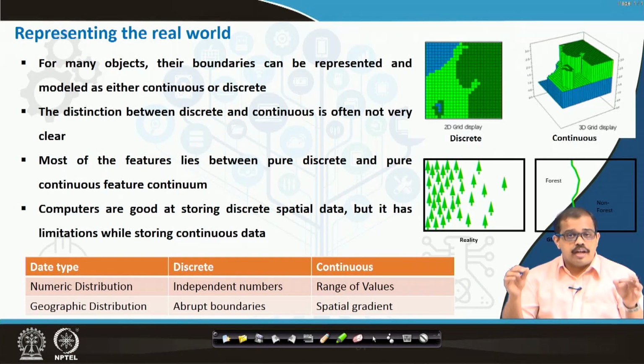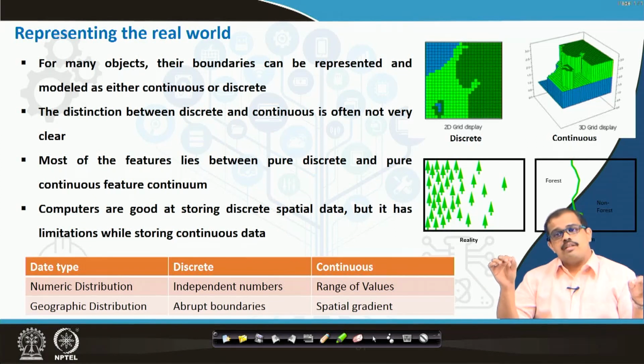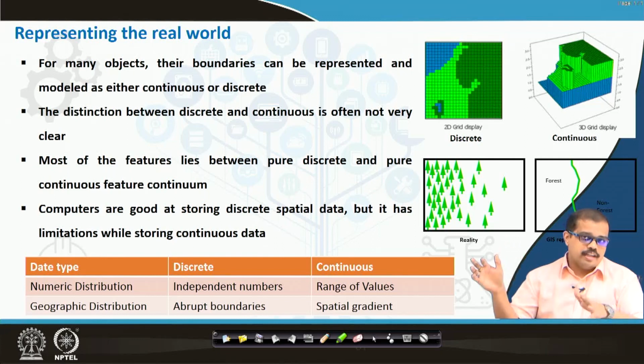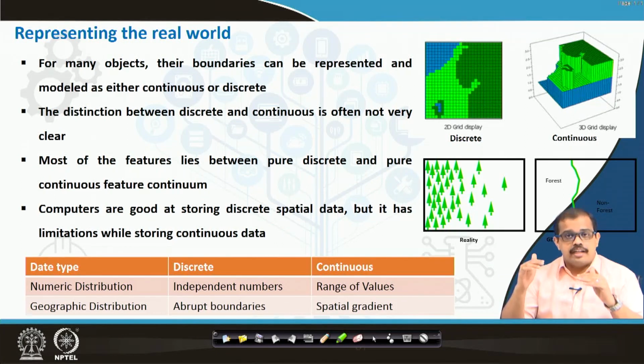You should look at something in between. In the real world, you will not be given anything that is completely discrete or completely continuous, so your database or data model should be able to handle both discrete and continuous data in an effective way.